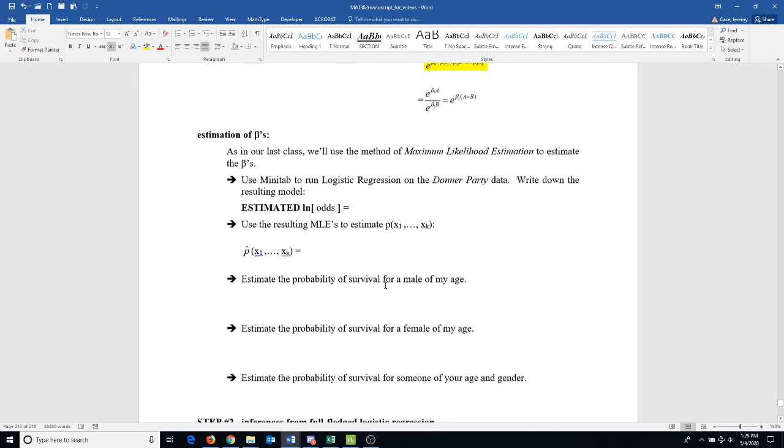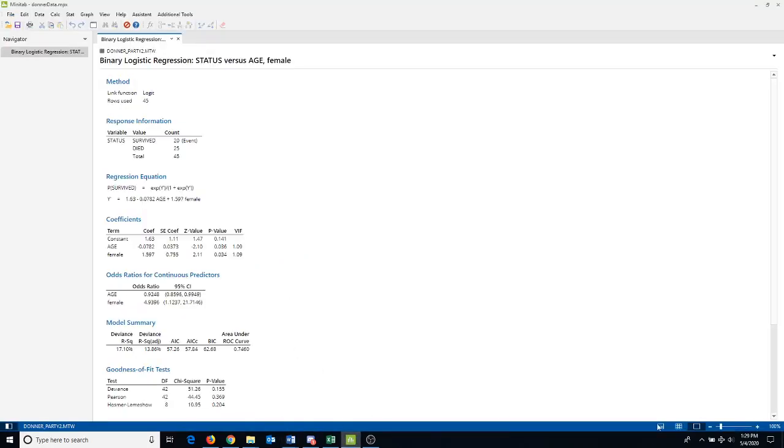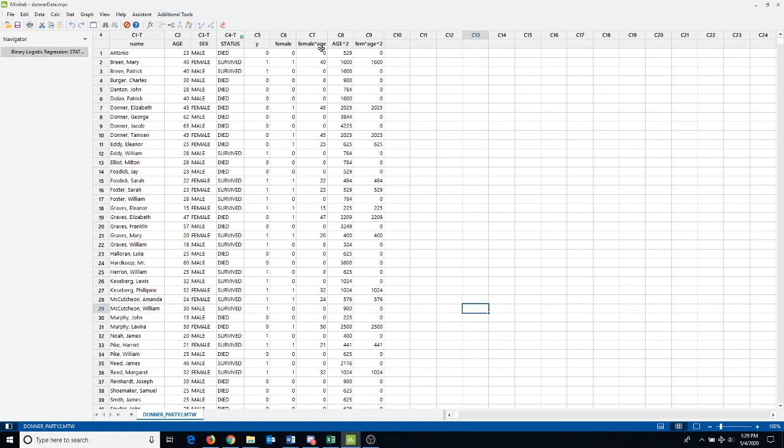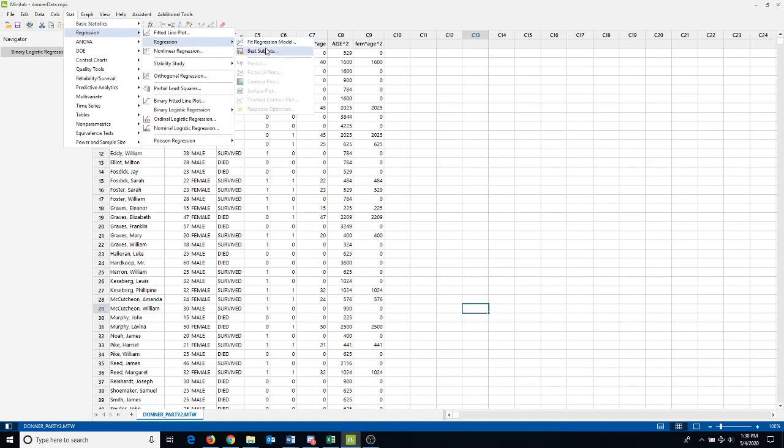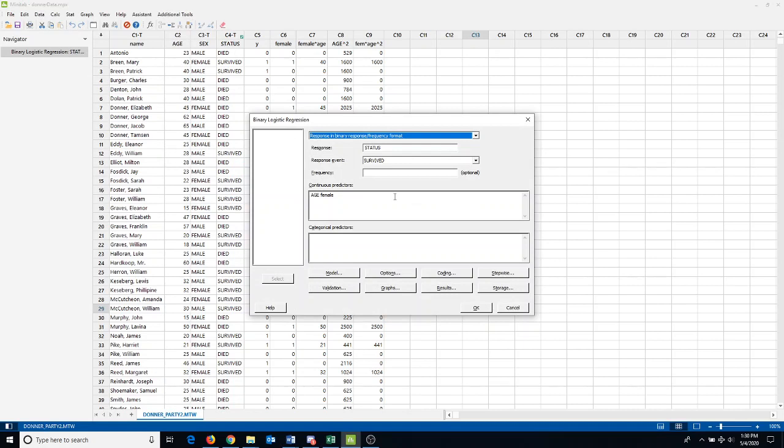Okay, so let's go ahead and just do these estimations of the betas. So I'm going to go to Minitab and look at my data. Here is my data, and I'm going to do a regression. I could do multiple regression, and I want to do binary logistic regression. And so I have this here.